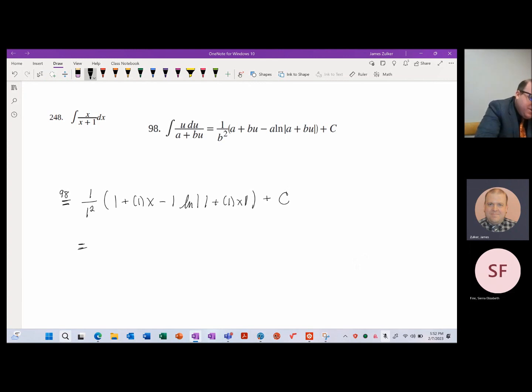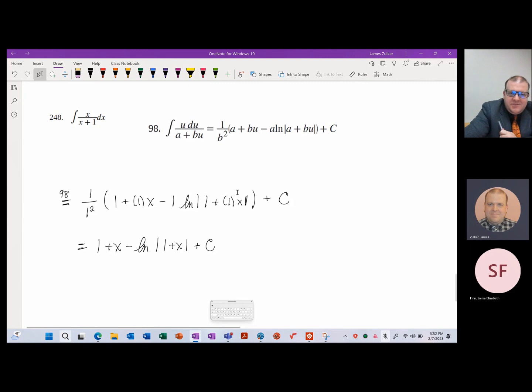And now just simplifying that, we get 1 plus x minus log absolute value of 1 plus x plus a constant. And there's our antiderivative. Oh, that was nice.